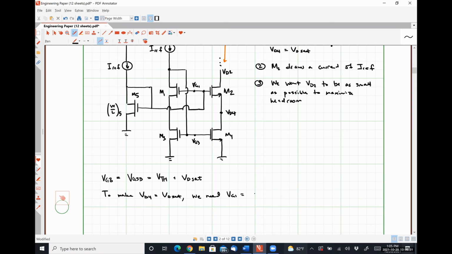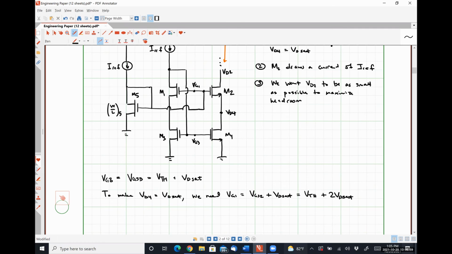VG1 needs to equal VGS2 plus VDSAT, which will be VTH plus 2 VDSAT, where again, transistors M1, M2, M3, and M4 are all equal.